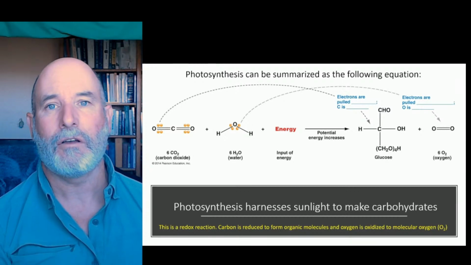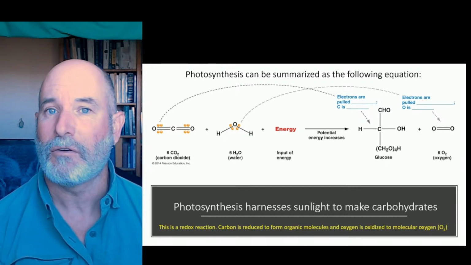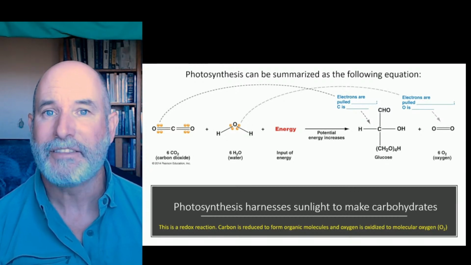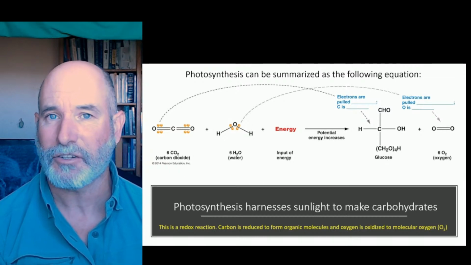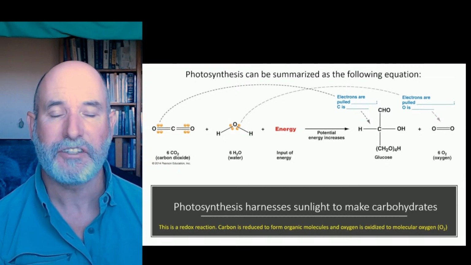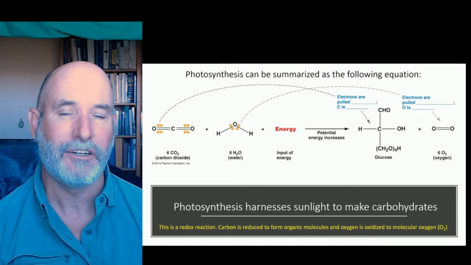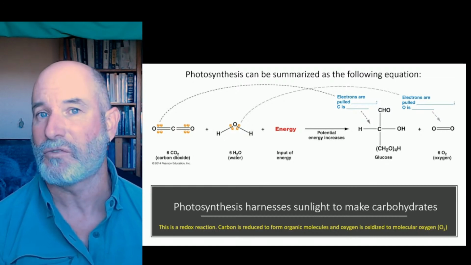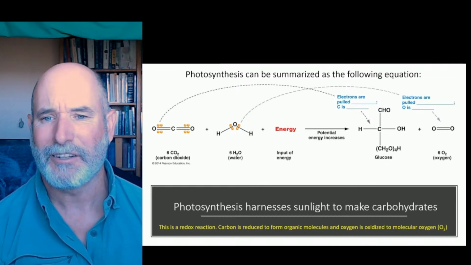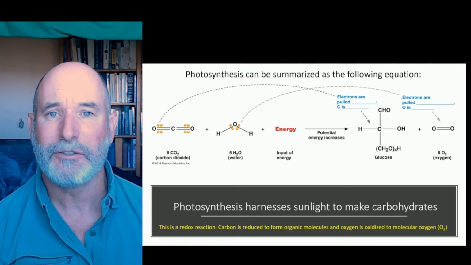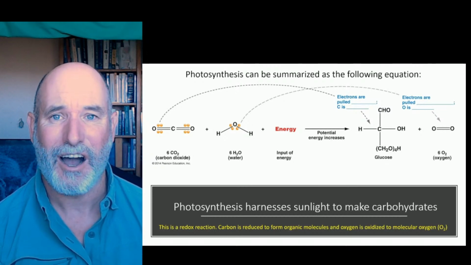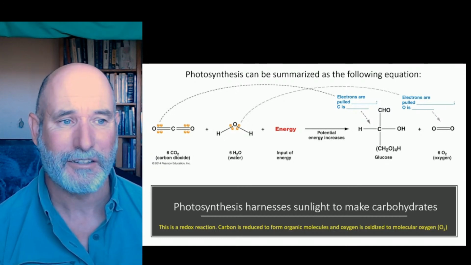And then what's going to happen now is we're going to take water. That's going to serve as our source of electrons and hydrogen. So basically, we're going to use some enzymes and energy to strip the electrons away from oxygen. Get this right. We are going to oxidize oxygen. That's pretty cool, isn't it?